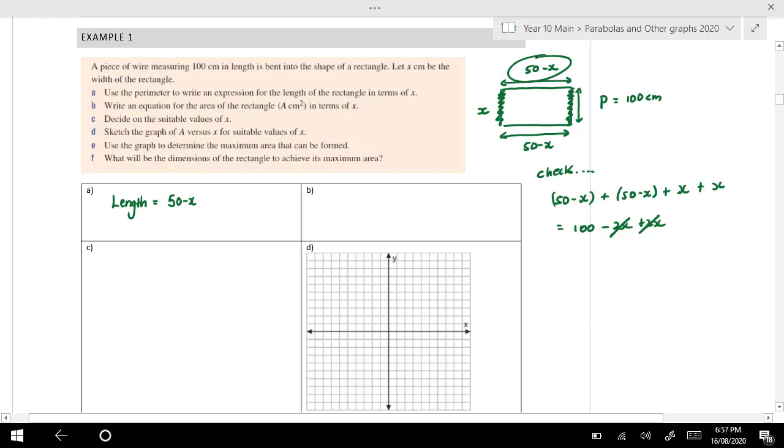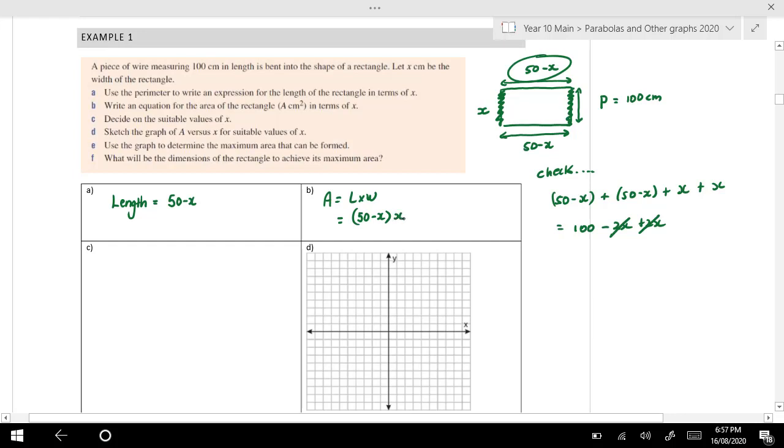Now it says write an equation for the area of the rectangle. Well, the area we know is length times width, and our length is what we've just come up with: 50 take away x, and our width is x.